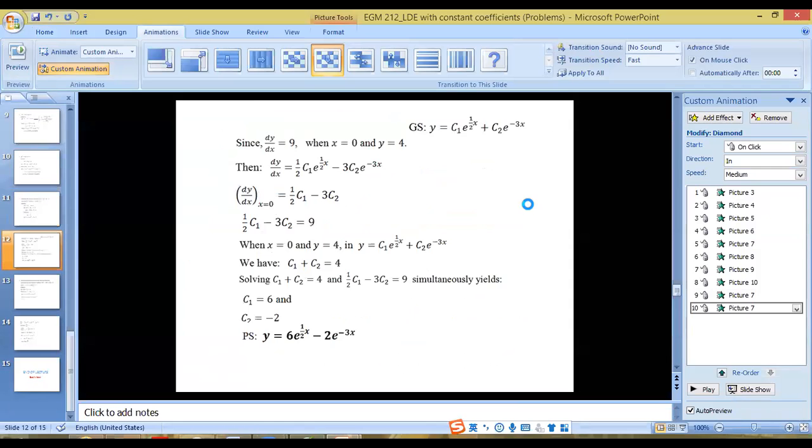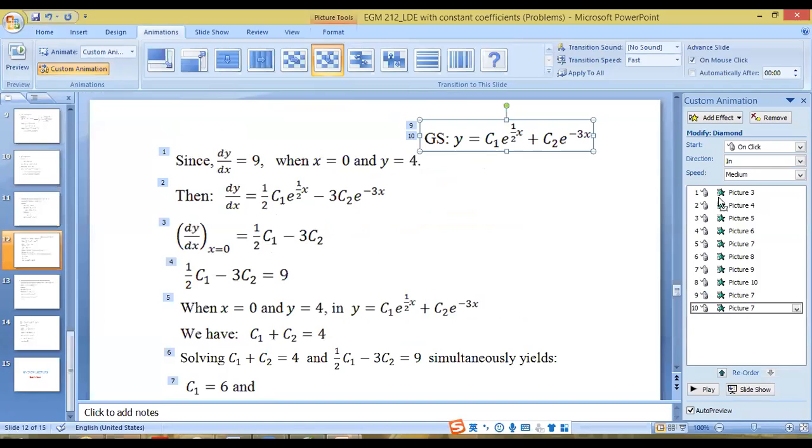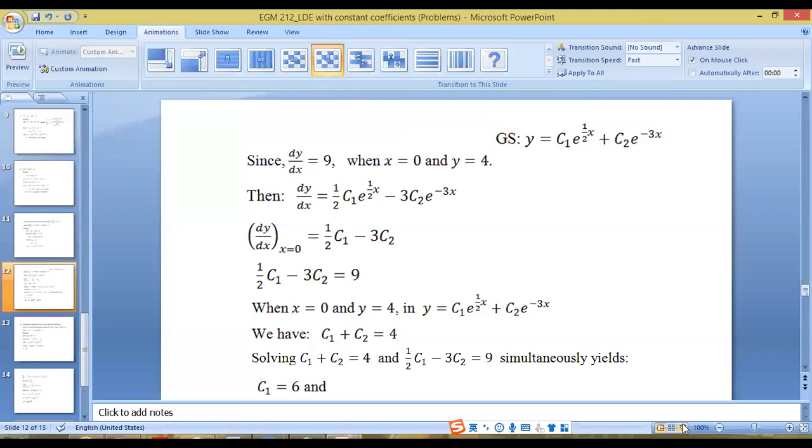Then this should be on top. Okay, all right, so we are fine now. We are safe. I was just trying to put the general solution on top.